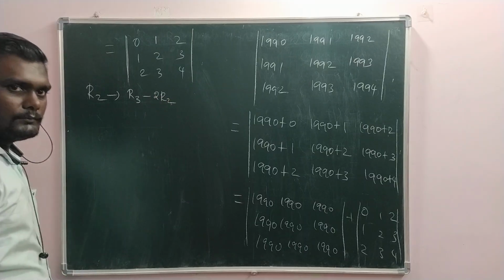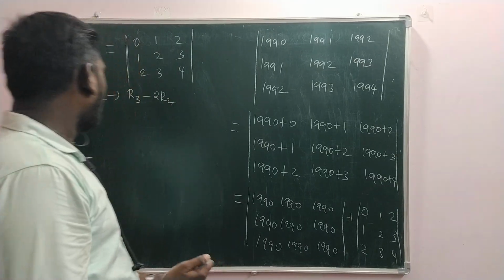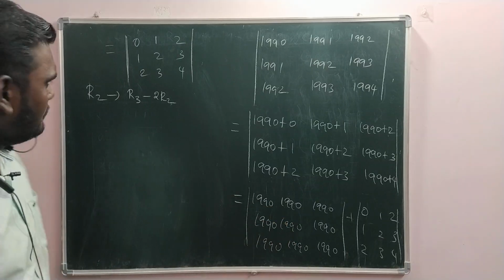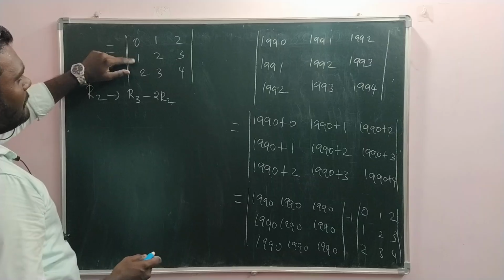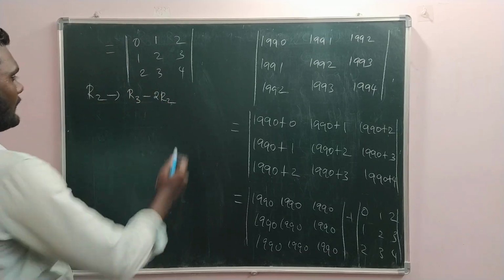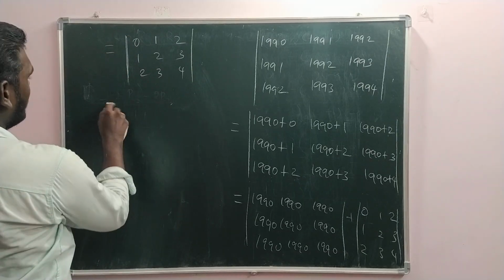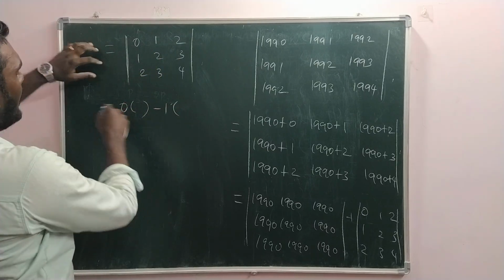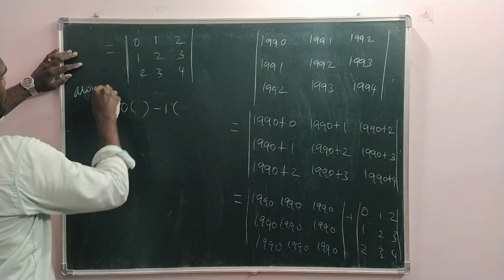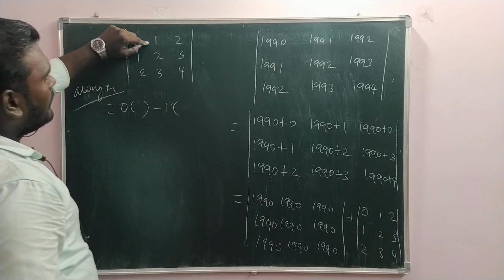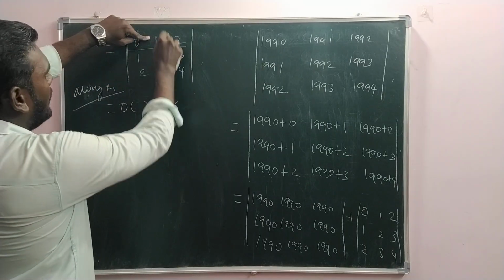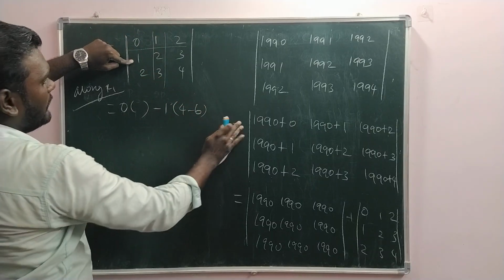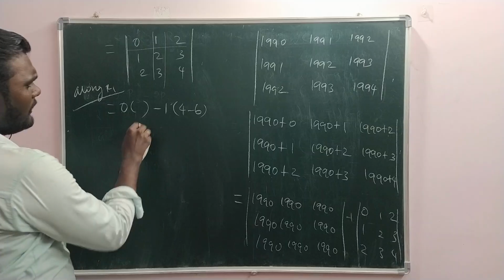Or simply you can calculate, all are small numbers. The first element is 0, multiplied by something gives 0, so minus 1 along R1, and then for the next one the determinant is 1 times 4, minus 6, and then plus 2.